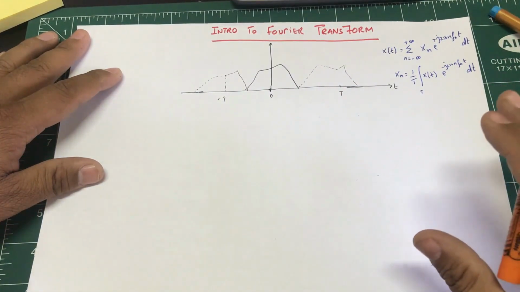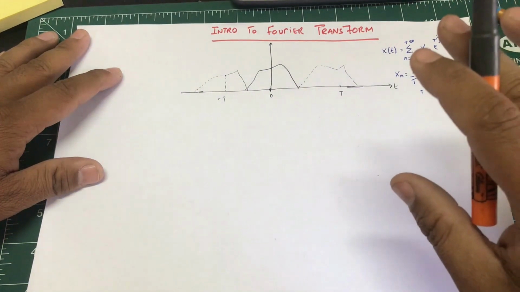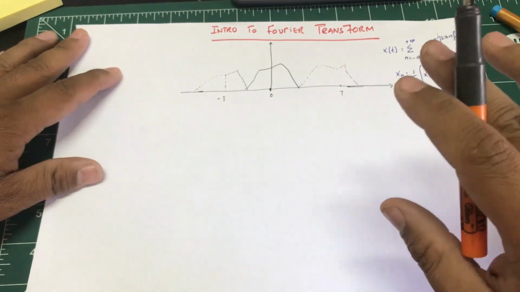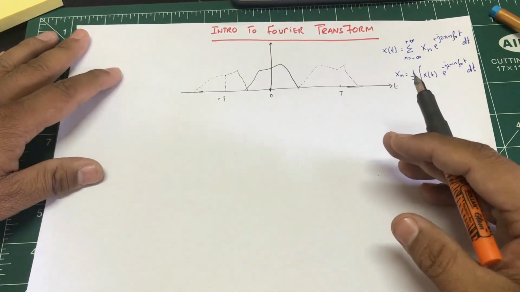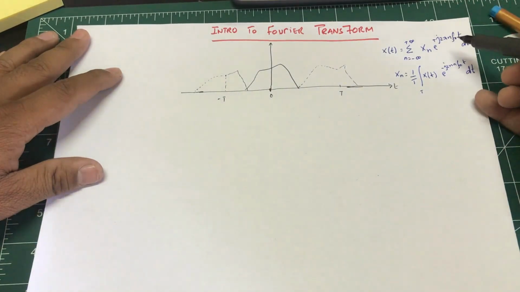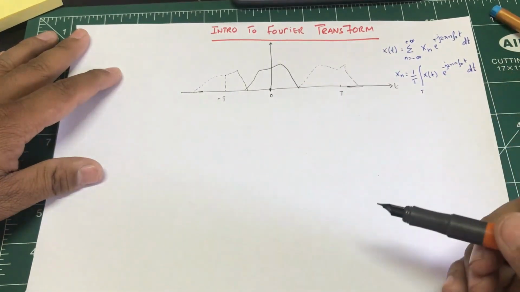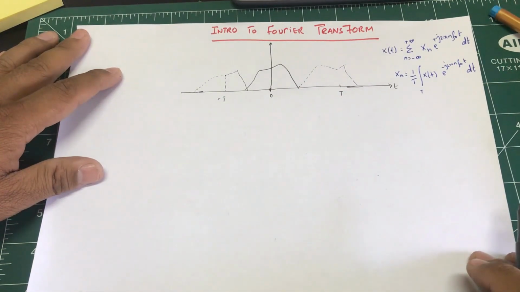The rule of thumb is this: for periodic signals we like to use Fourier series, and for aperiodic signals, where the signal does not repeat itself, we use something called Fourier transform. Fourier transform is actually derived from the definition of Fourier series. So we're going to derive Fourier transform from the definition of Fourier series.